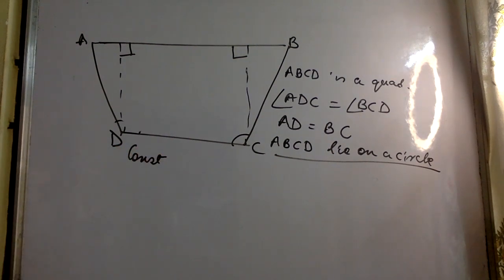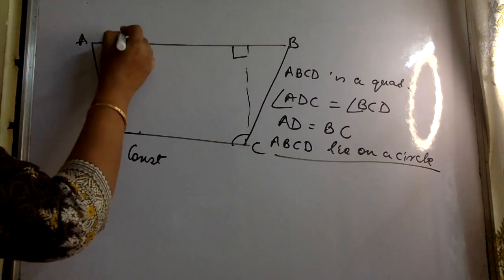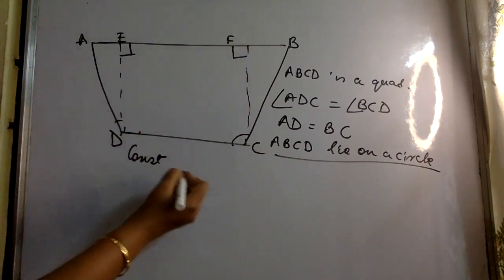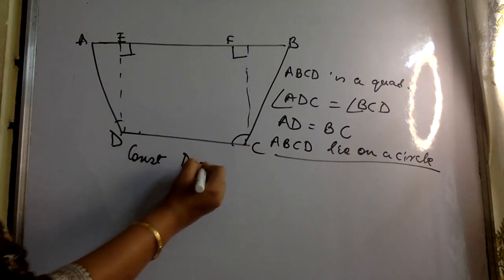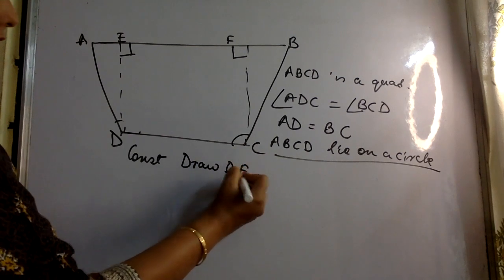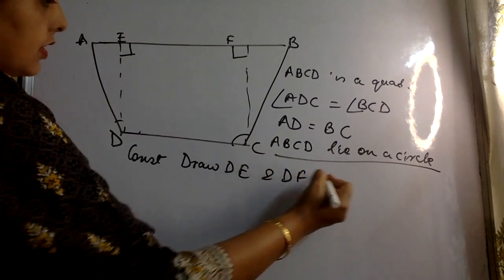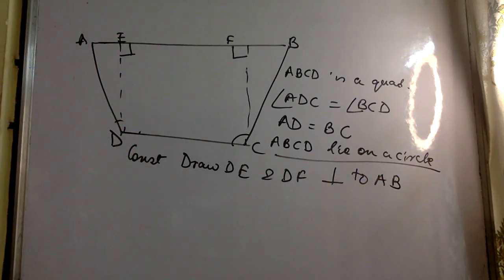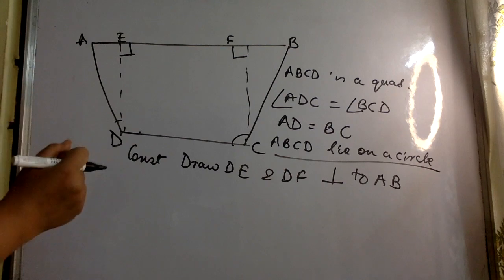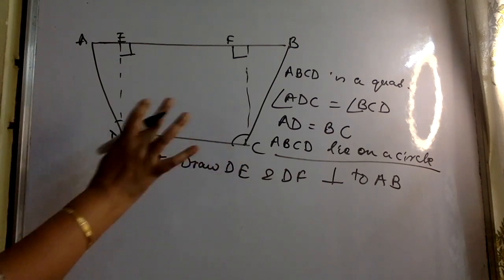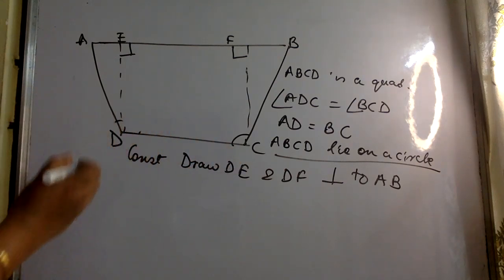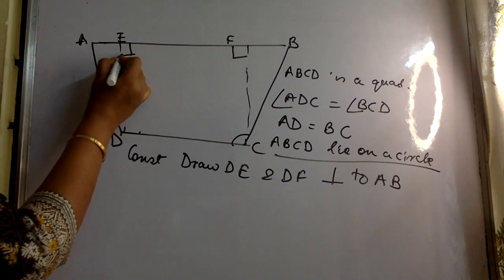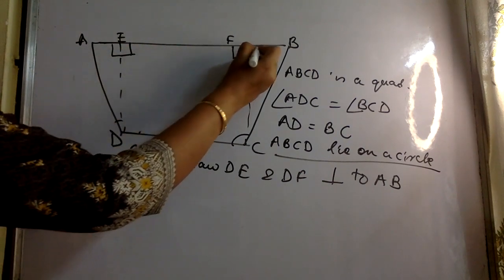In the construction we will draw DE and DF perpendicular to AB. Now here, if this angle is a 90, remember this side also we have a 90.